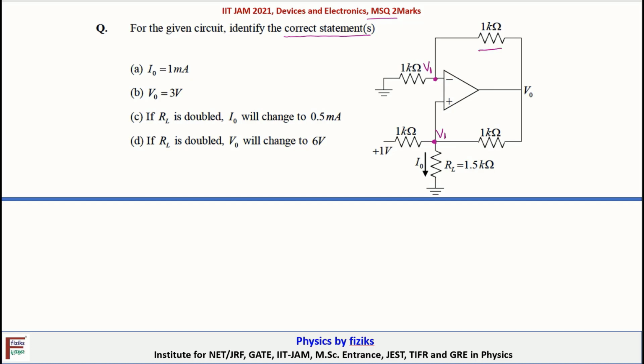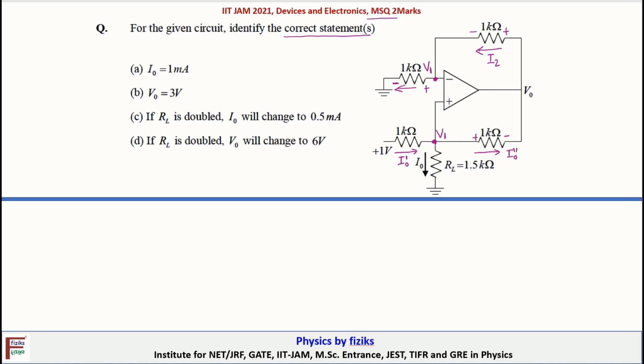Now take this current as I2, and let's take this as the polarity and this current is I1. Assume this current is IO dash and this current is IO double dash.